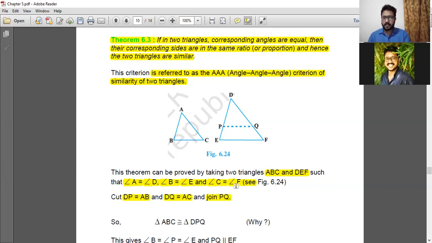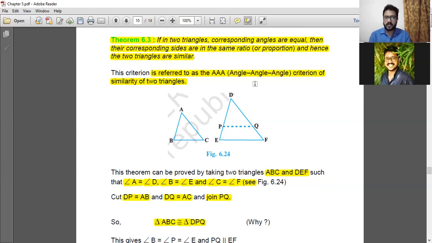And by looking at this figure, you may be thinking PQ is parallel to EF. We can't say anything like that. We want to prove it. So we can say directly triangle ABC is congruent to triangle DPQ. Am I correct?